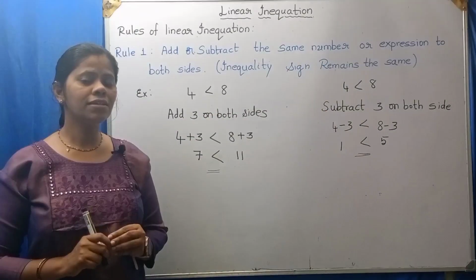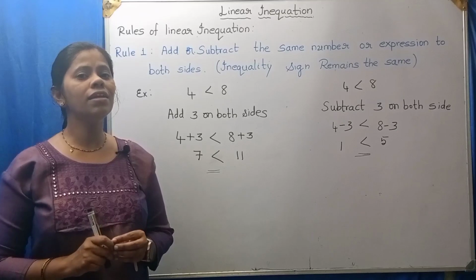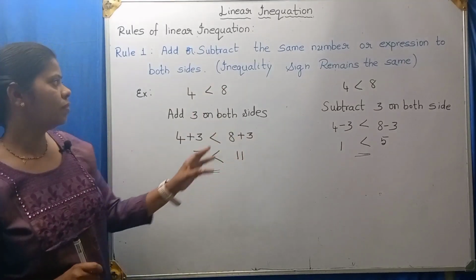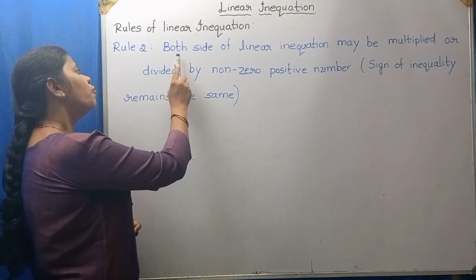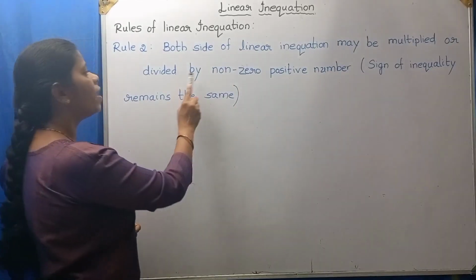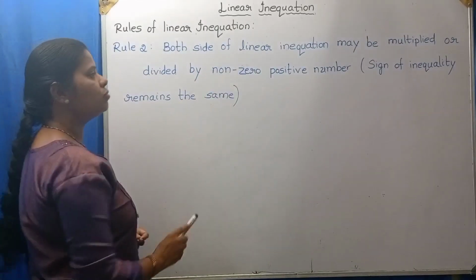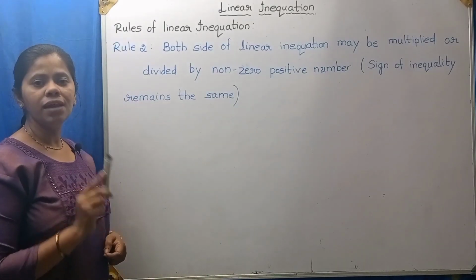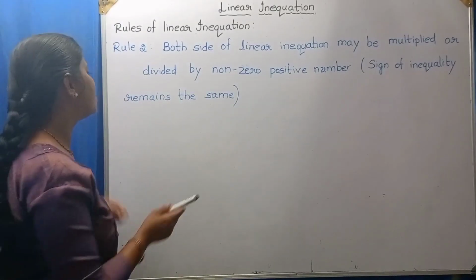Okay? Listen carefully. To solve linear inequation, rules are very important. Rule 2: Both sides of linear inequation may be multiplied or divided by a non-zero positive number. The sign of inequality remains the same. Let me explain this by using an example.